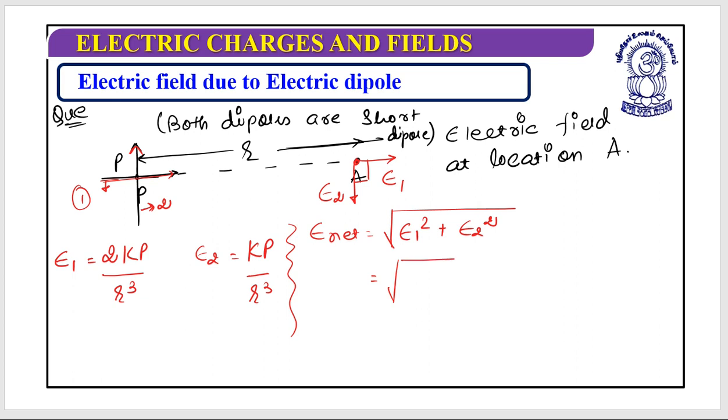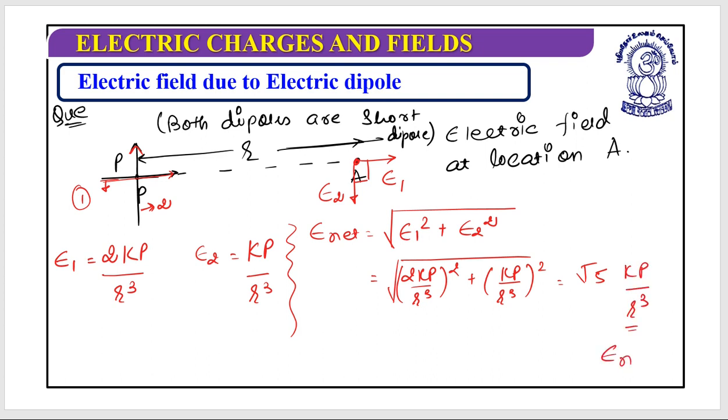If I solve this, I can write it as 2kp by r cube whole square plus kp by r cube whole square. This is equal to root 5 kp by r cube. This is E net. Got it? This seems interesting. Yes? No?